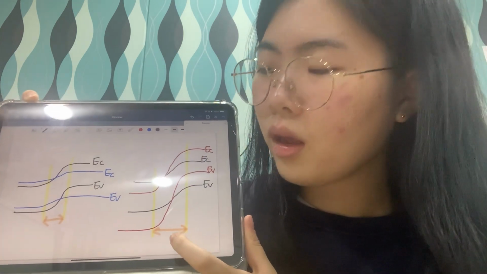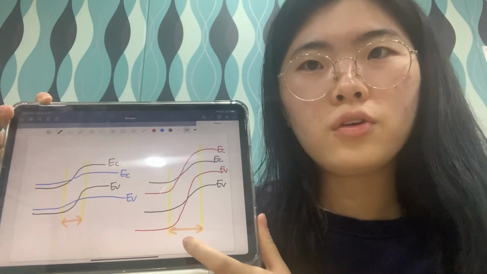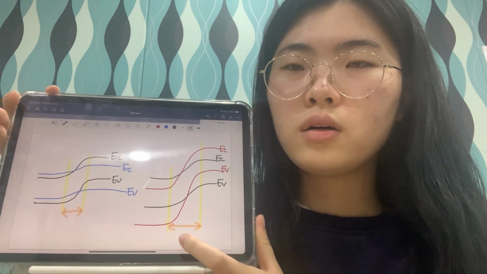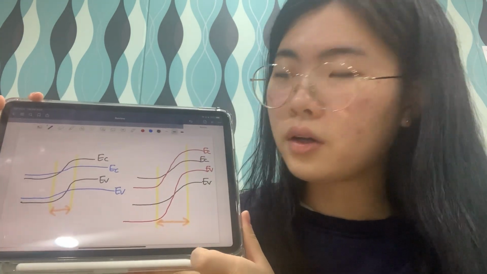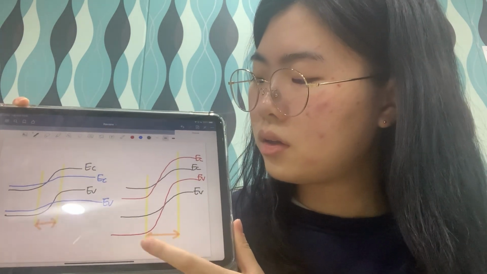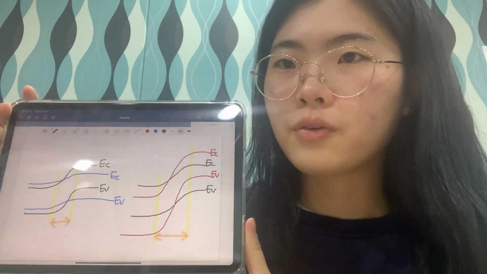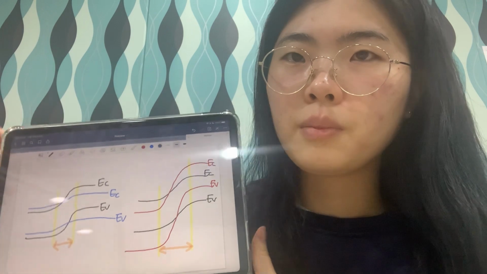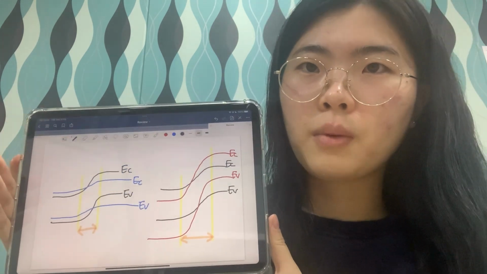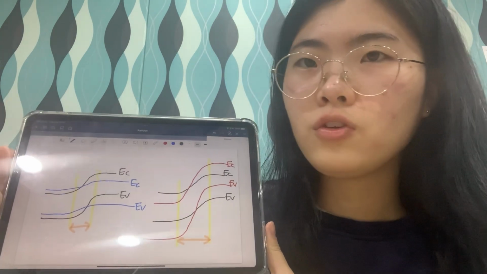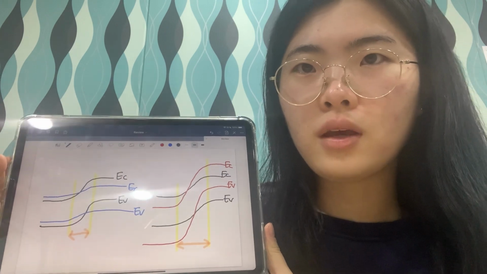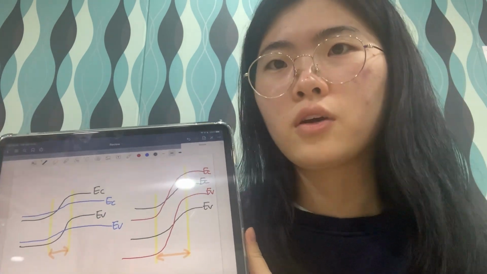The junction potential will be higher than before, so this width will be larger than before. This is a very important characteristic of semiconductors. We should use these functions to make efficient semiconductors.